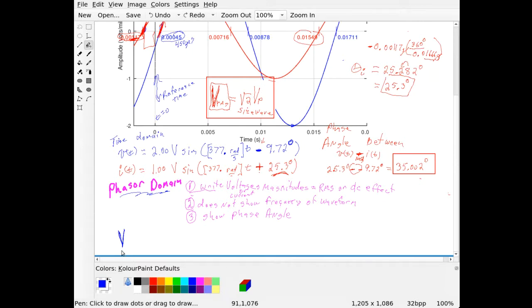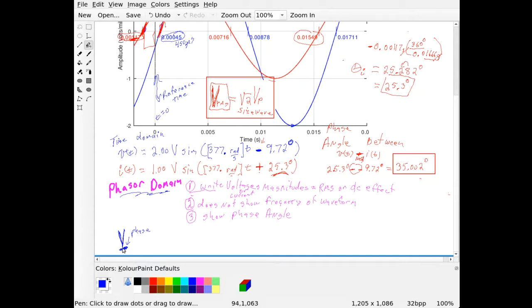We like to put lines above it, but sometimes it's easier when I'm typing it out inside of a word processor or inside Blackboard to put an underline, because you can just do a Control U. This line indicates that there's going to be a phase angle.